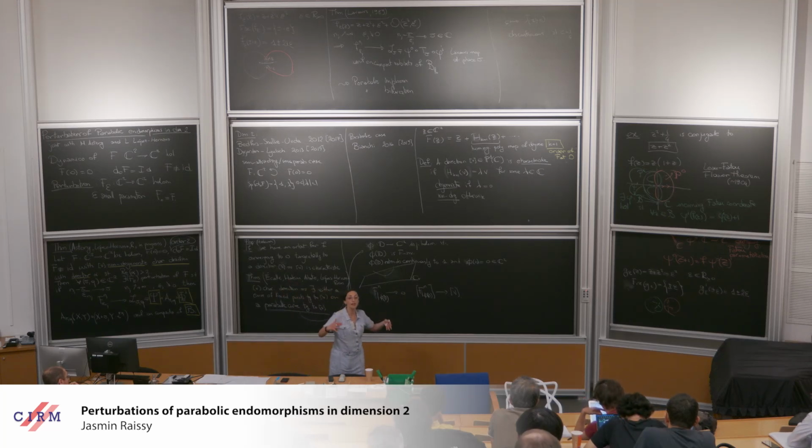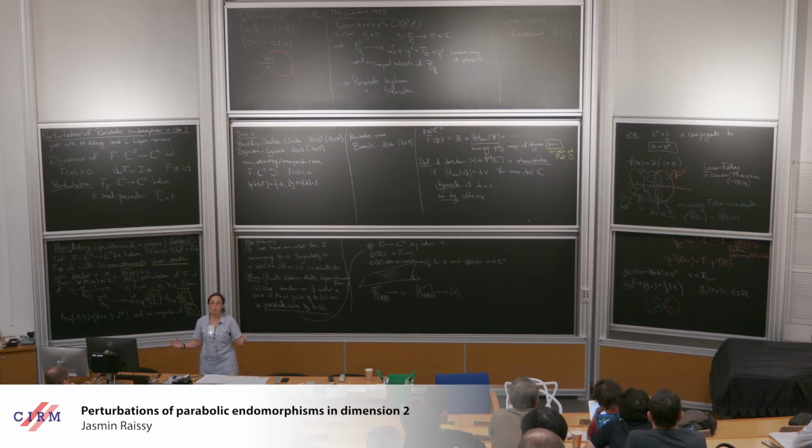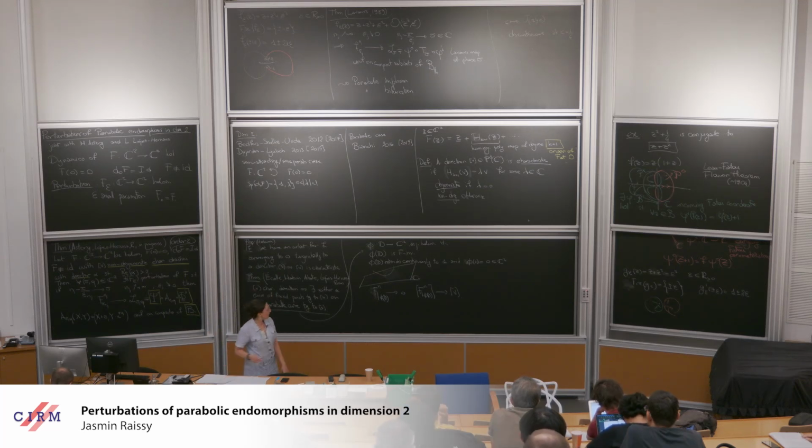And in general, you don't have a holomorphic curve passing through the origin. That's the main point. So if you want to have parabolic implosion in the tangent to identity setting, you need to have open sets. You need to have honest open sets intersecting. So that's where this index is coming into the picture.